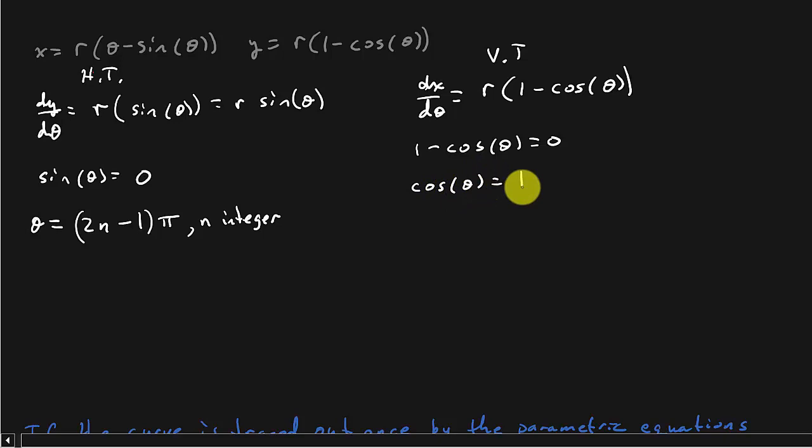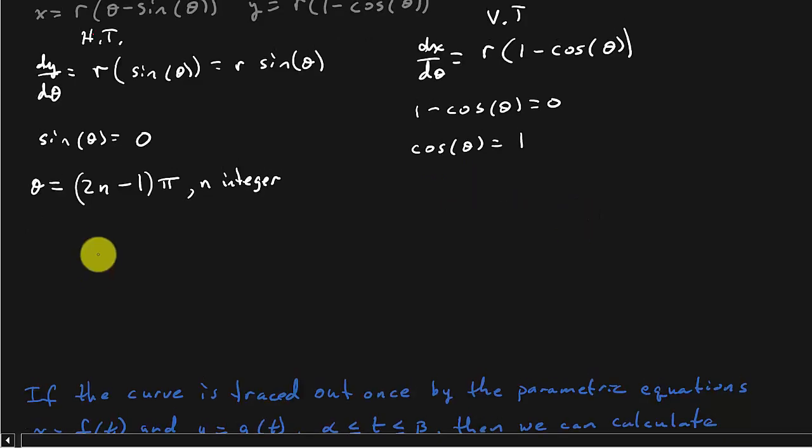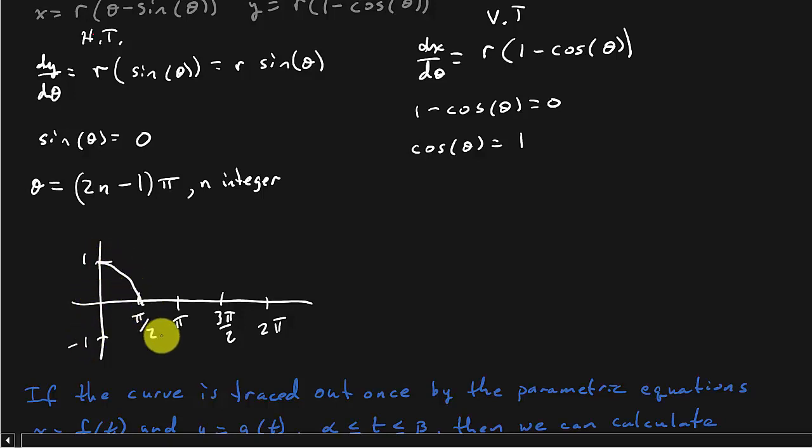Now, where does cosine theta equal 1? Well, let's just look. Just sketch the graph if you need to. That's the easiest thing to do. Just graph one cycle of it. And so we know there's cosine, right?